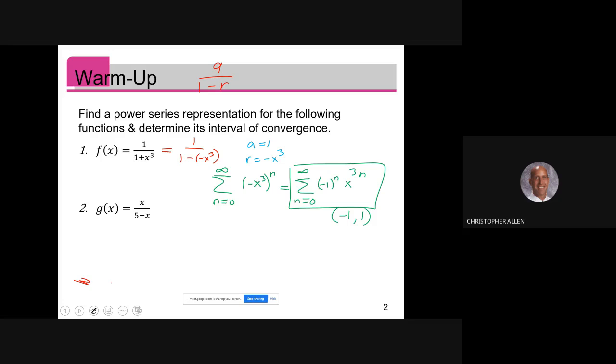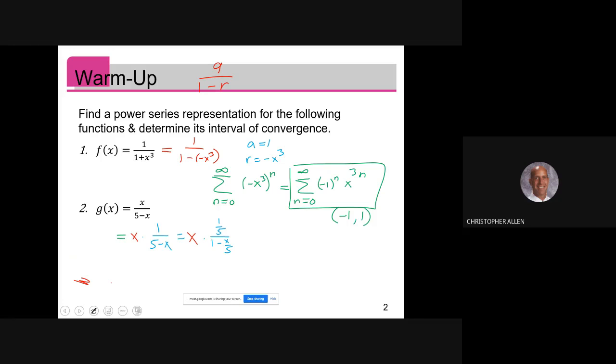Number 2, so here's what I would do. I would go ahead and think of this as x times 1 over 5 minus x. Furthermore, you could then think of that as x times 1/5 over 1 minus x over 5.